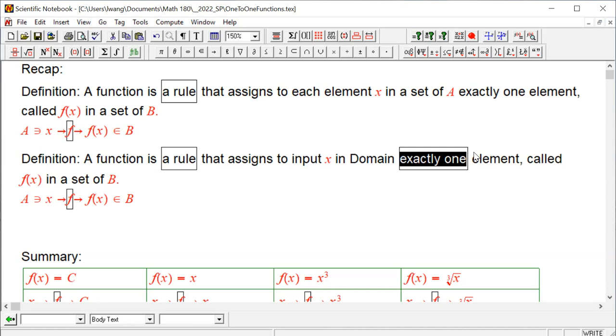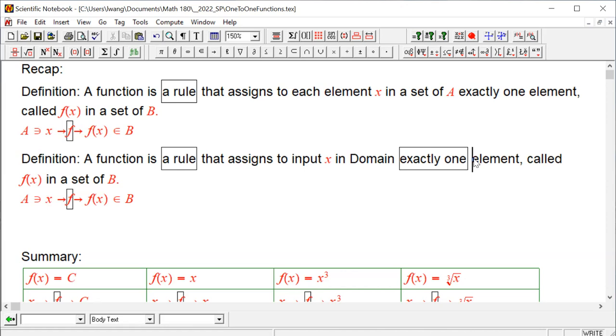You can change it to unique if you like. A unique element. I spend time here because I want you to pay attention to this: exactly one element.